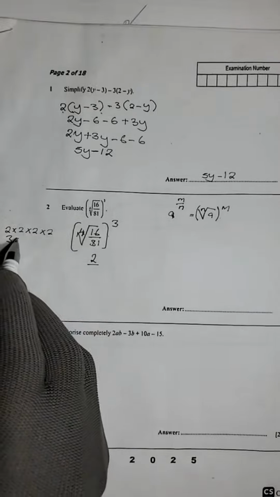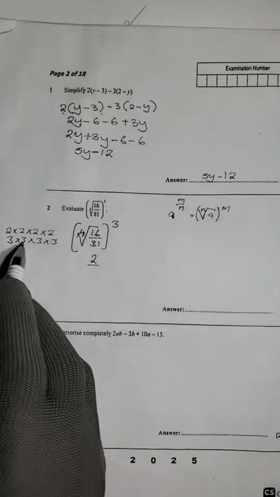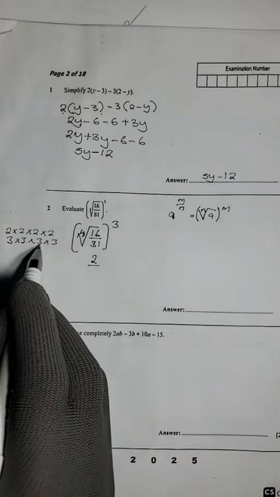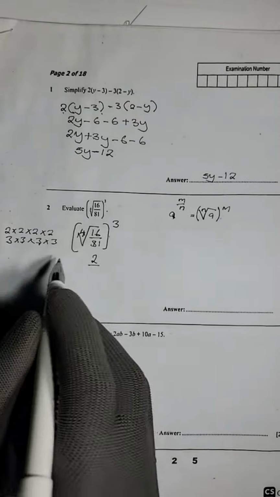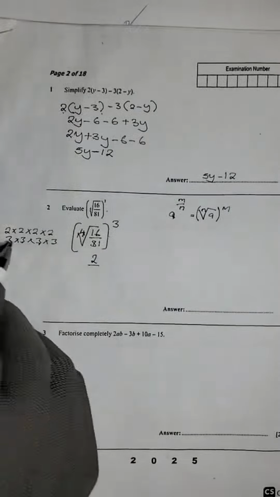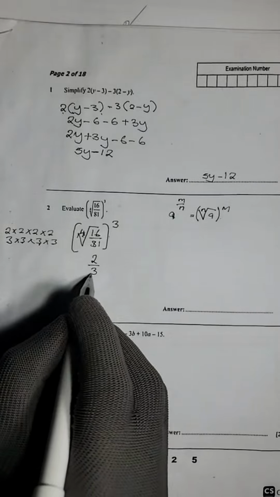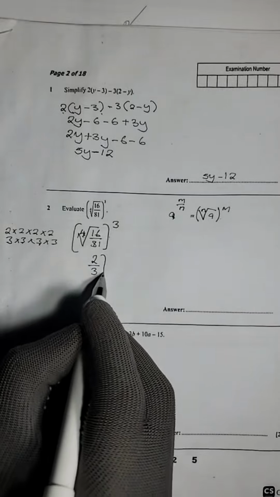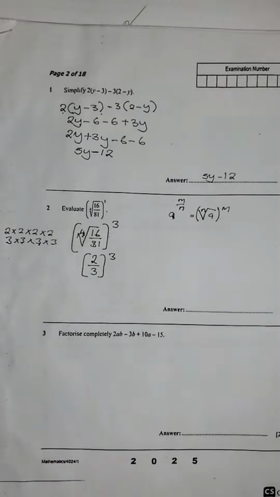Let's use 3. 3 times 3 times 3 times 3. 3 times 3 is 9. 9 times 3 is 27. 27 times 3 is 81. So the fourth root of 81 is 3. Then in bracket like this, to the power 3.